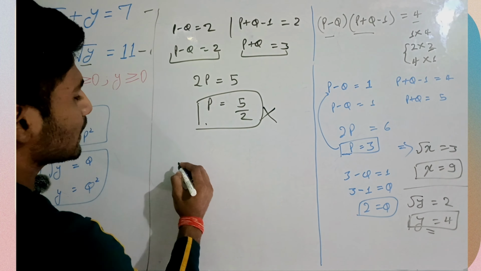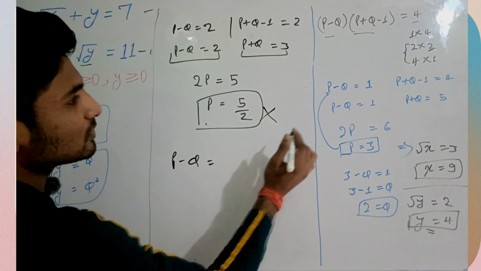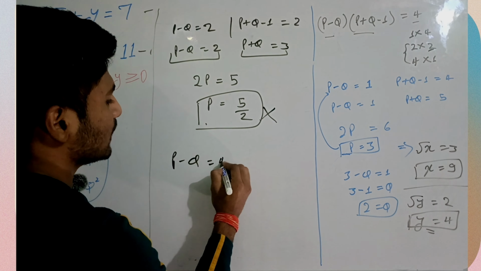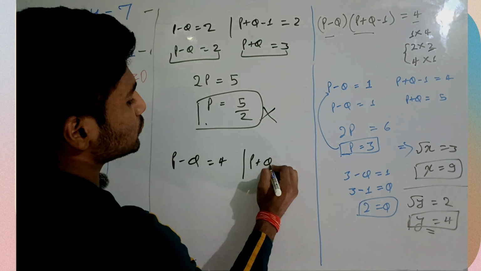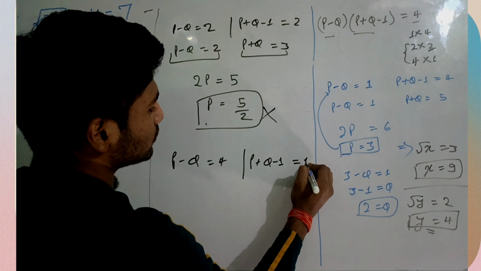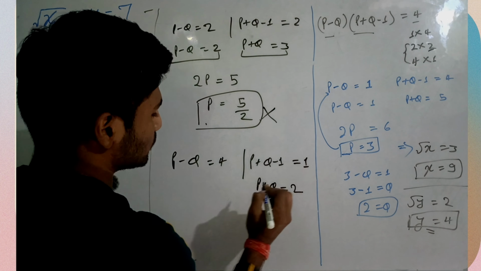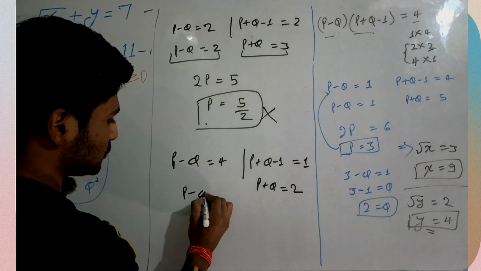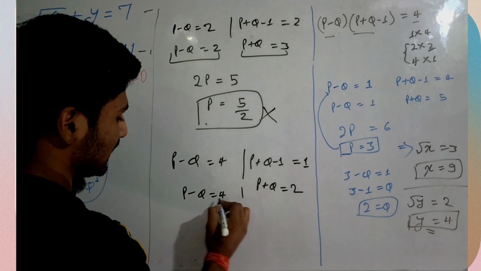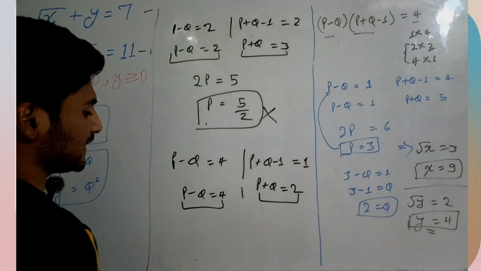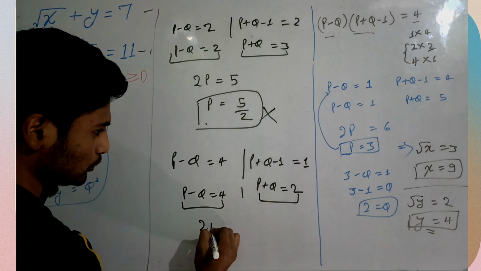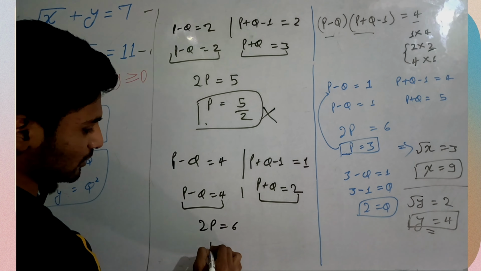Now when p minus q is equal to 4 and p plus q minus 1 is equal to 1, we get p plus q is equal to 2. And here p minus q is equal to 4, and now adding this we get 2p is equal to 6, or p is equal to 3.